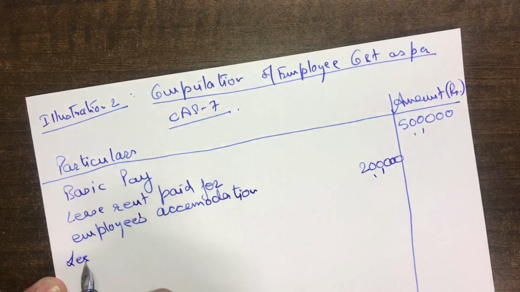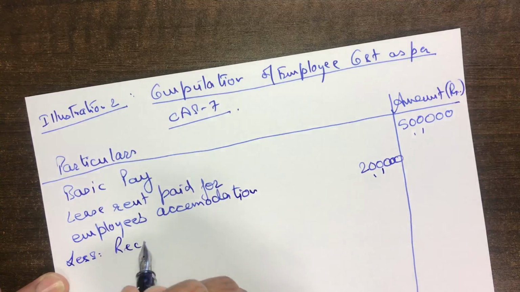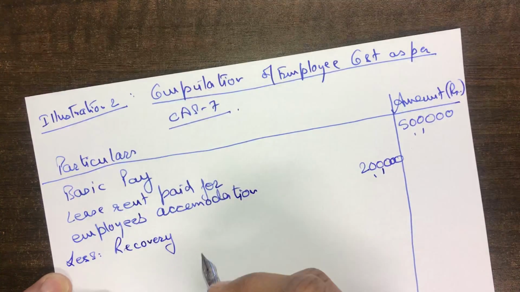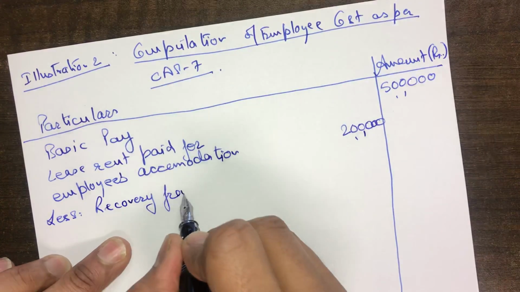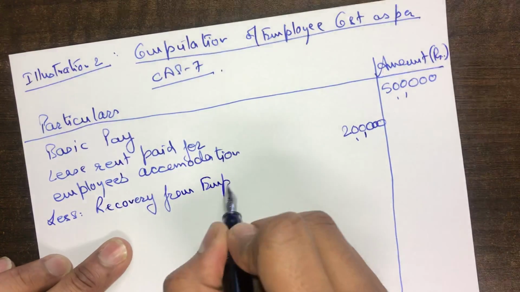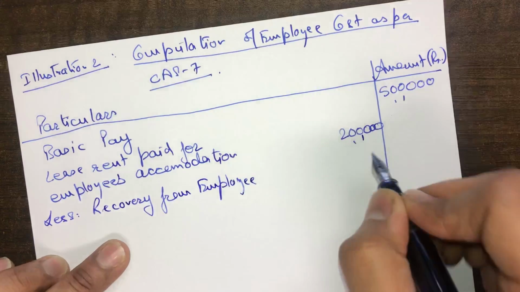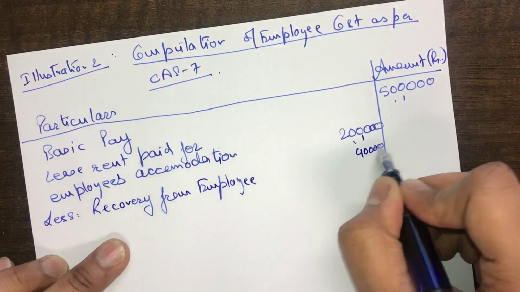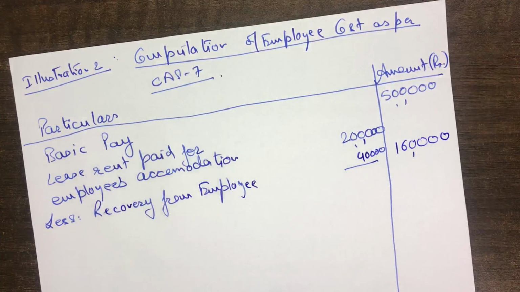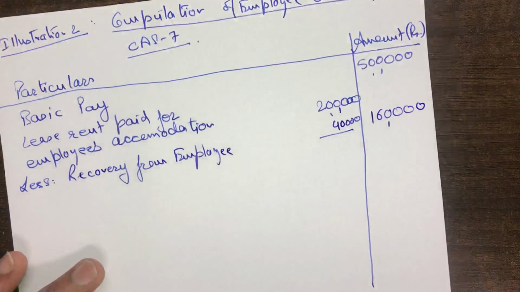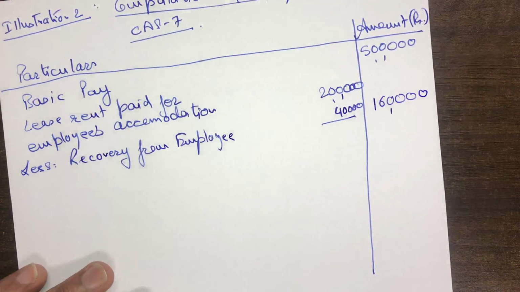That is because I need to reduce the recoveries made from the employees from this particular expenditure. Recovery from employee is 40,000 rupees. So the net expenditure of 1,60,000 should be appearing in the employee cost.